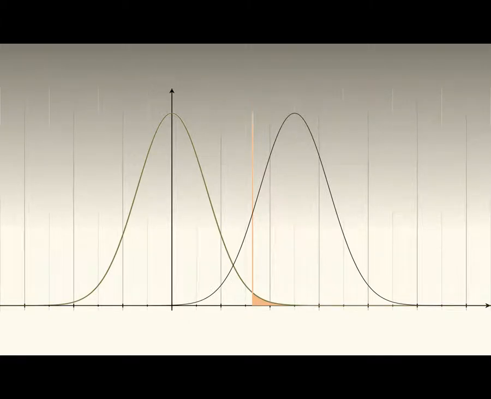Okay, so here's what a type 2 error is going to look like. Here's my null. Here is the true value of the parameter. Okay, so my null is false, and then in a type 2 error, I fail to reject. Okay, so let's think about that. This is what I'm assuming. This is what is actually true. If this is where I reject, where am I going to fail to reject?